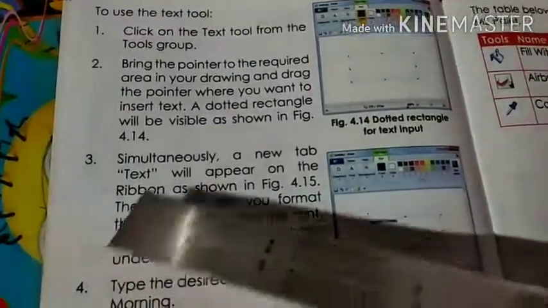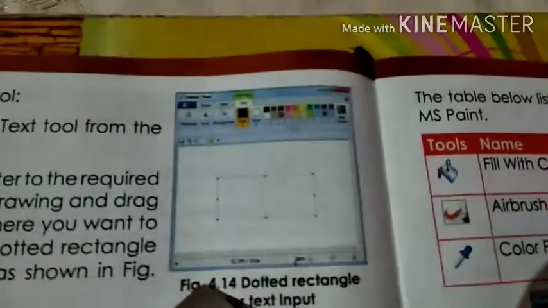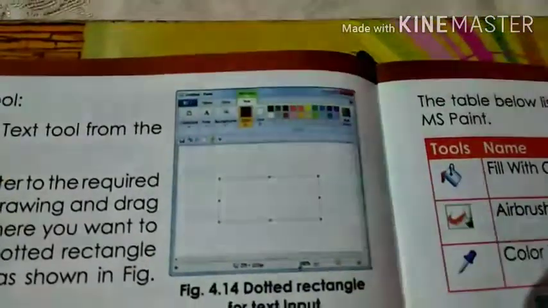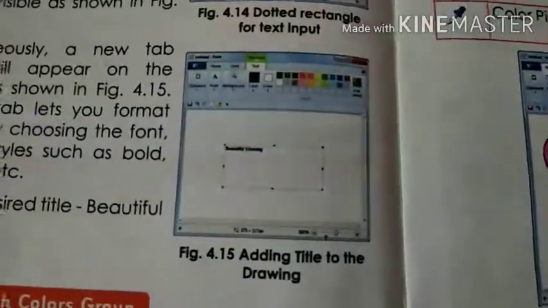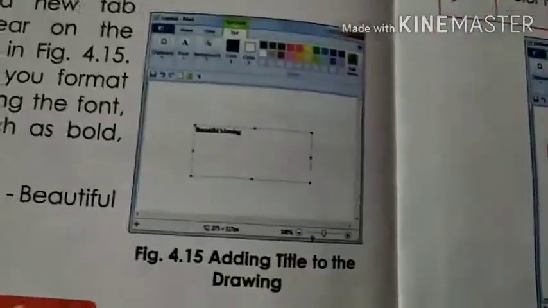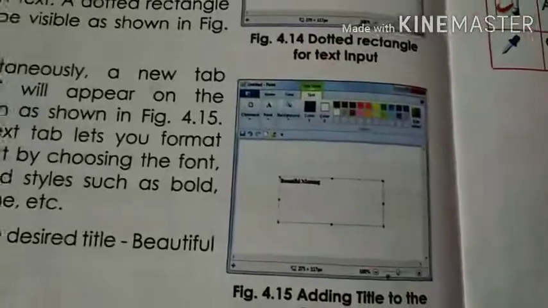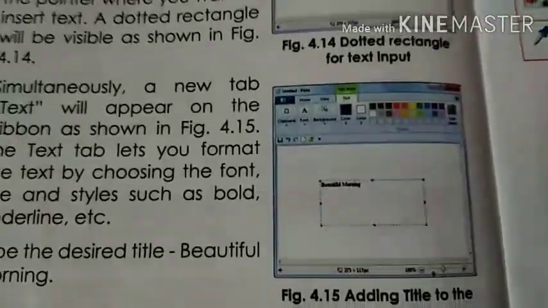Simultaneously, a new tab, Text, will appear on the ribbon. You can see here that when you use this text tool, we have an option in the ribbon tab that is Text. With the help of this Text tab, you can format your text.